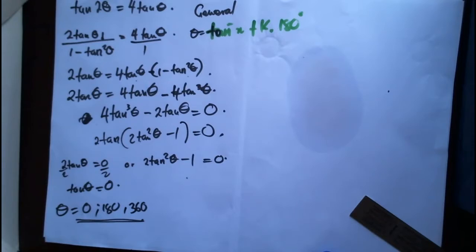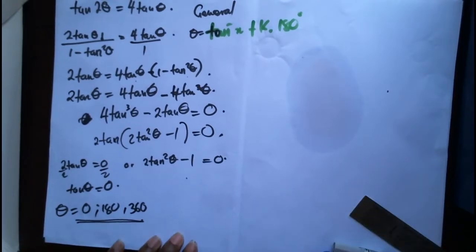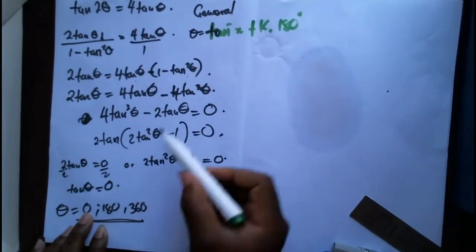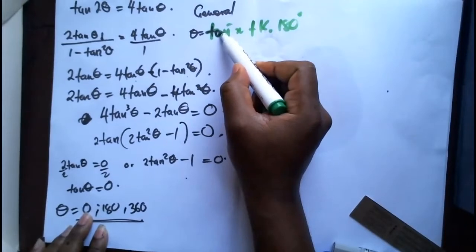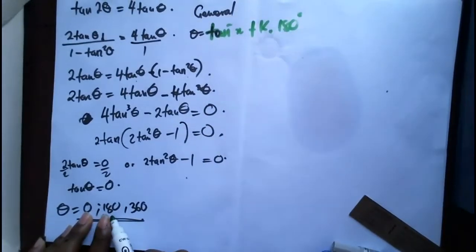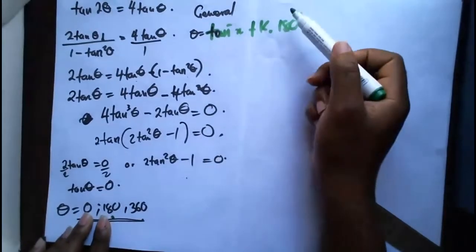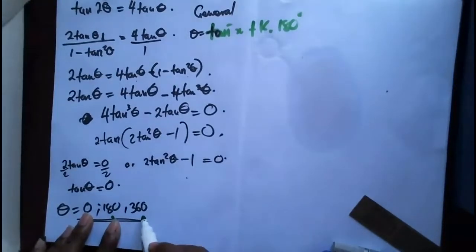So we come back to our question. So here, that's why I said 0, because it's 0 here. 0 plus 180, I get 180. 2 times 180, I get 360.